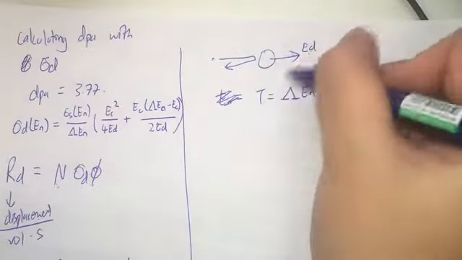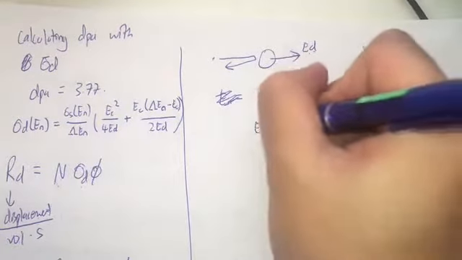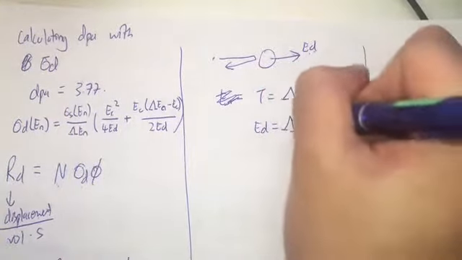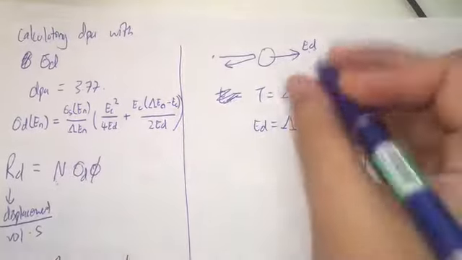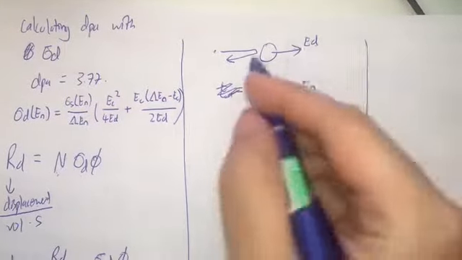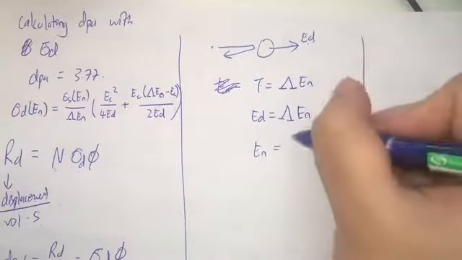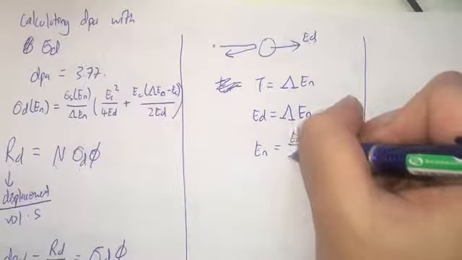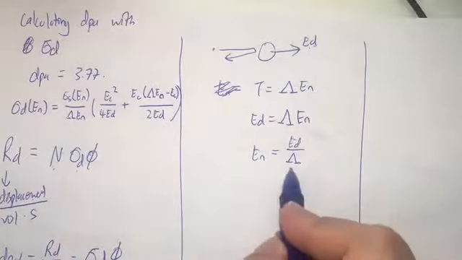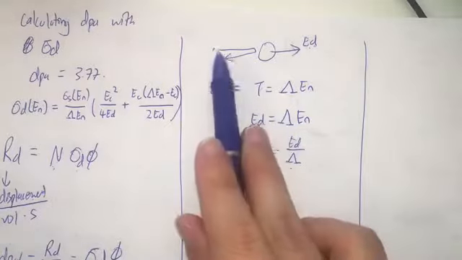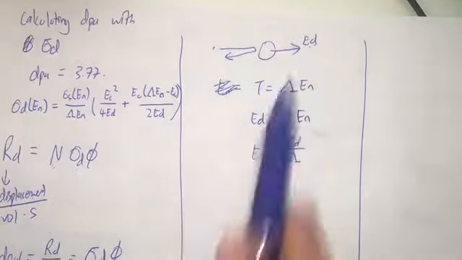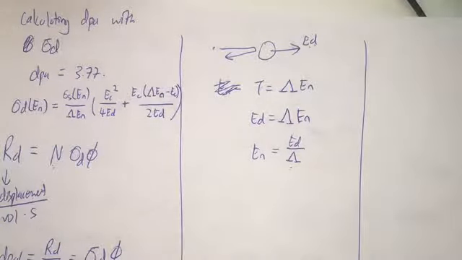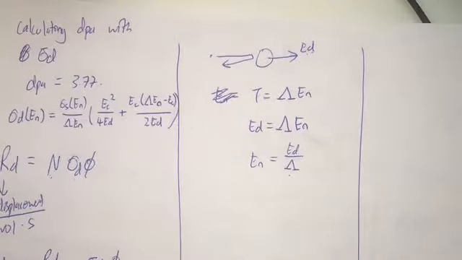So if T is ED, this is coming from our conservation of momentum and kinetic energy. So the energy of the neutron here will be ED over lambda. So lambda is some factor to tell us how much energy is transferred to this PKA if the neutron is backscattered 180 degrees. So that's where you get the ED over lambda from.